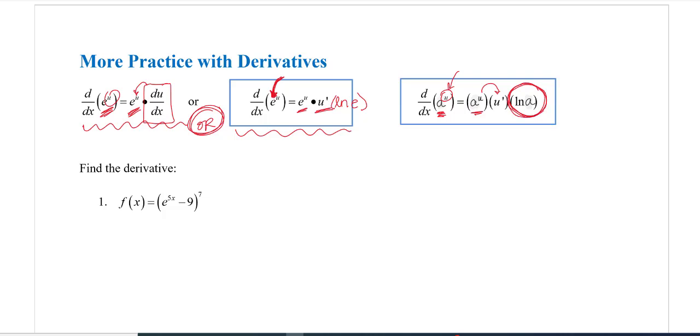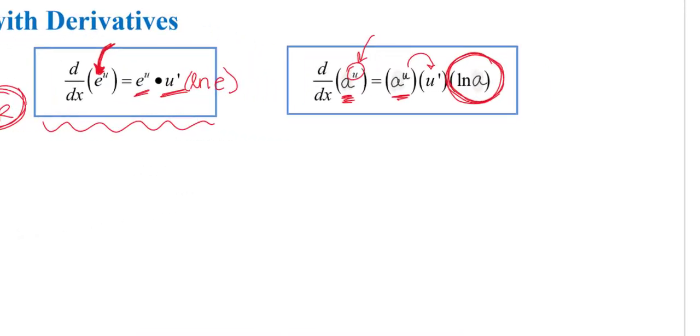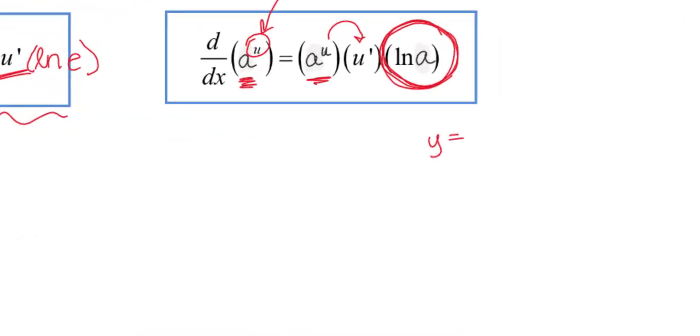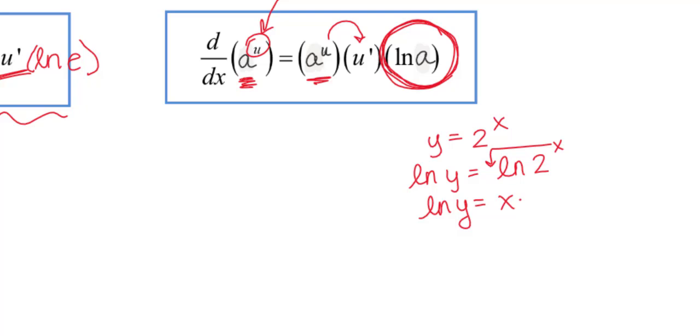And again, if you've learned natural log derivatives already, you could take some function like y equals 2 to the x. You could take the natural log of both sides. My natural log property tells me I'm allowed to bring down that exponent. Natural log of 2 is some coefficient, so this is a coefficient of x, much like we would see in maybe a 5x, for example.